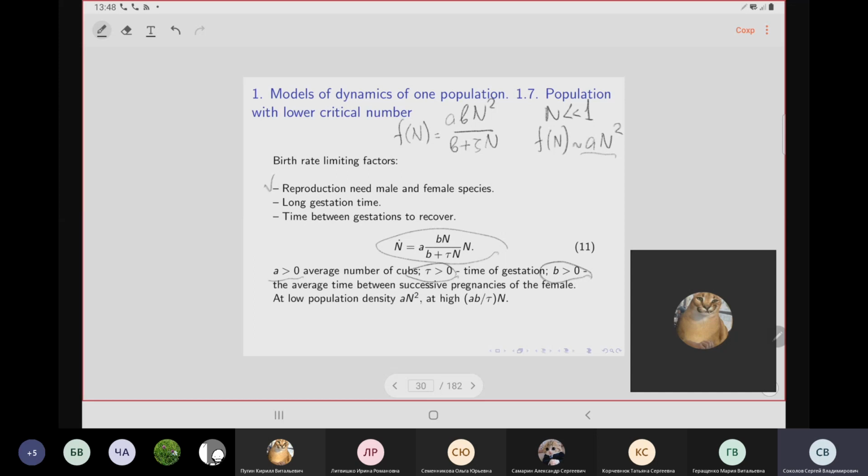And what is happening if n is large? If n is large, then we can neglect b, and if n is large enough, then f of n is a b divided by tau n. So we have the cases for low population density and for high population density. It means that at high population, there are enough free females to reproduce.